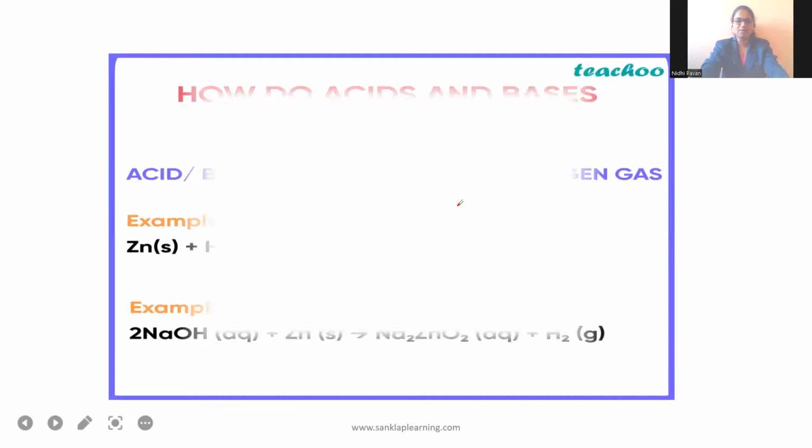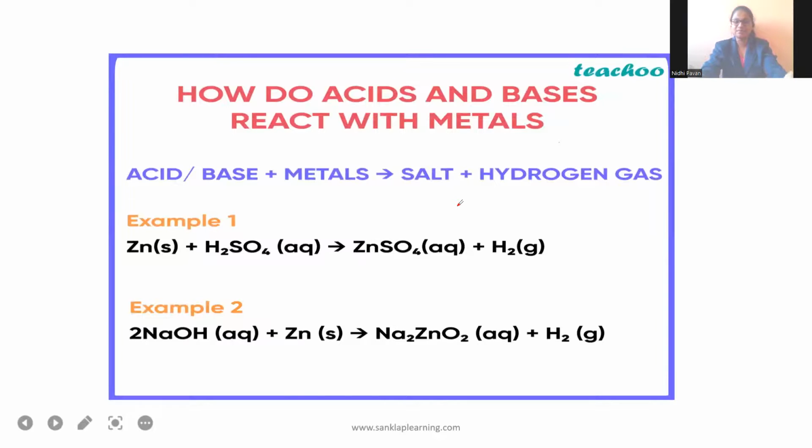Now let us move to the chemical properties of acids. The first chemical property is how acids and bases react with metals. Metals we know, for example copper, iron, zinc, aluminum. So when these metals react with certain acids, what are the products formed?